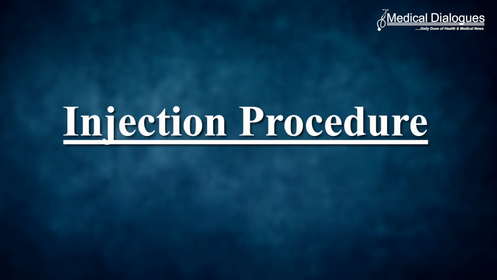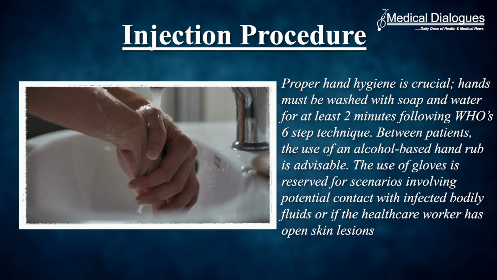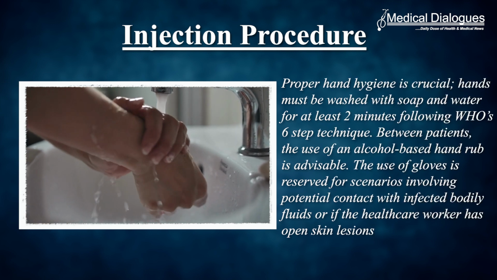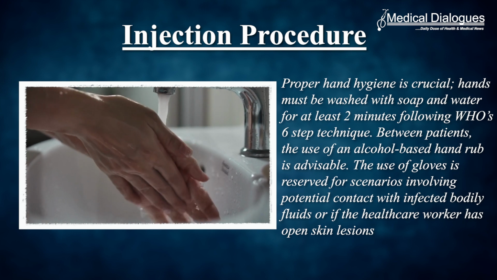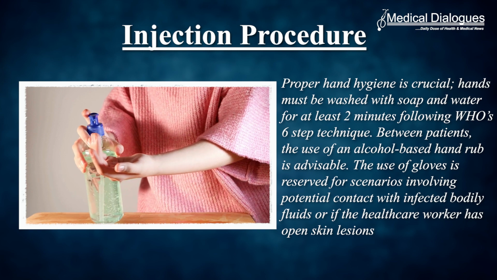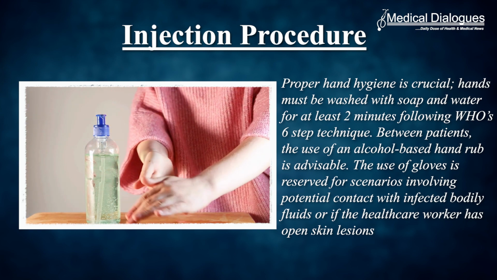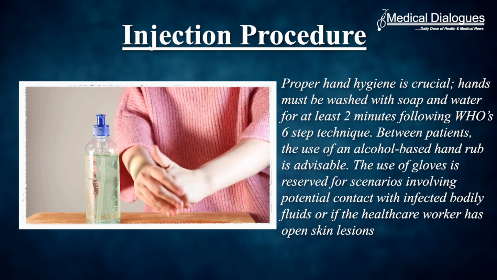Injection procedure. Proper hand hygiene is crucial. Hands must be washed with soap and water for at least 2 minutes, following WHO's 6-step technique. Between patients, the use of an alcohol-based hand rub is advisable.